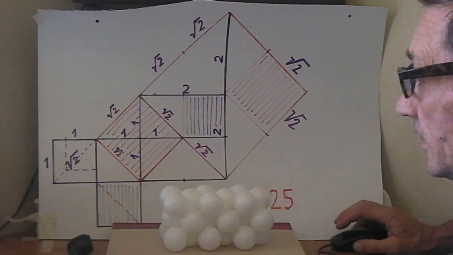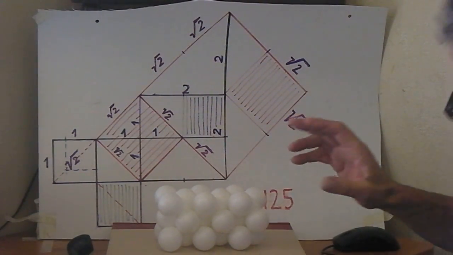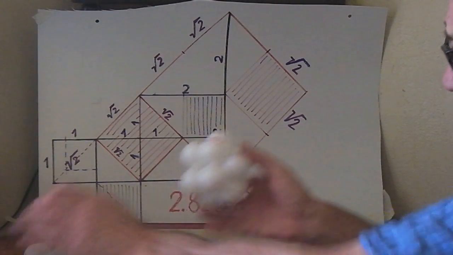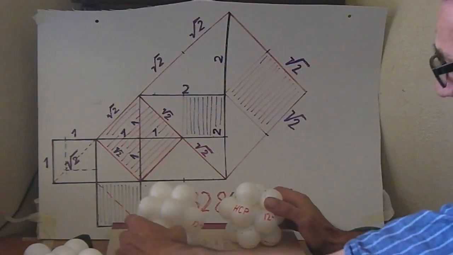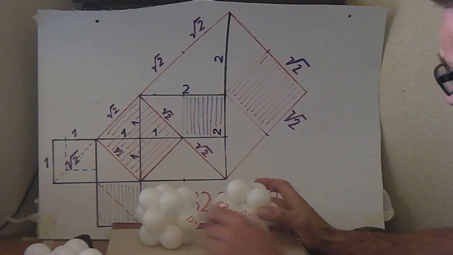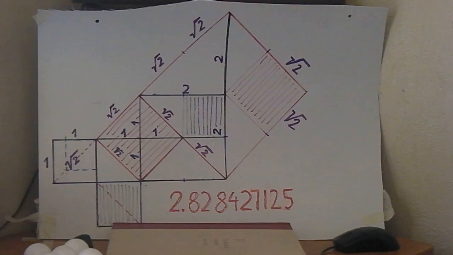So in either case, these are closed cubic packing. It also includes the hexagonal closed packing, which has the same sphere density as that nucleated cube, 12 plus 1. This is 12 plus 1. And also, I have little markers here.